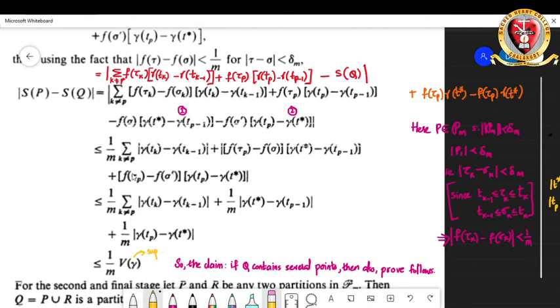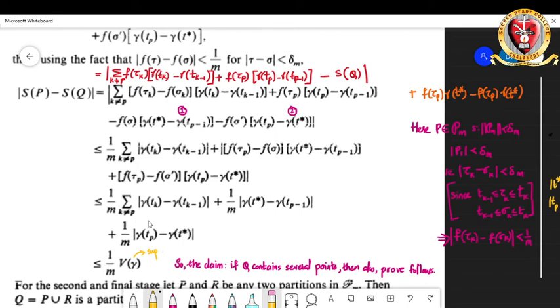That means modulus of f of tau p minus f of sigma dash will be strictly less than 1 by m there also. So you get the inequality happening like this. And when we are rearranging and opening the braces, you get this.